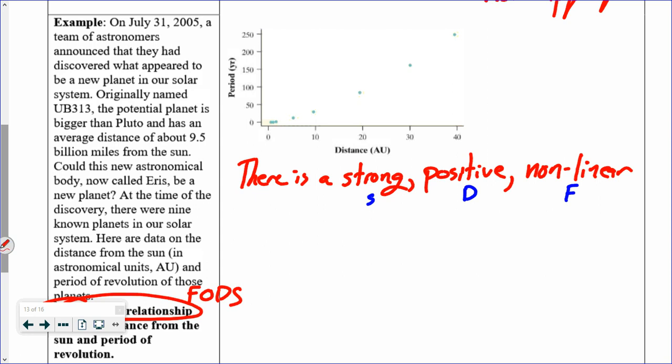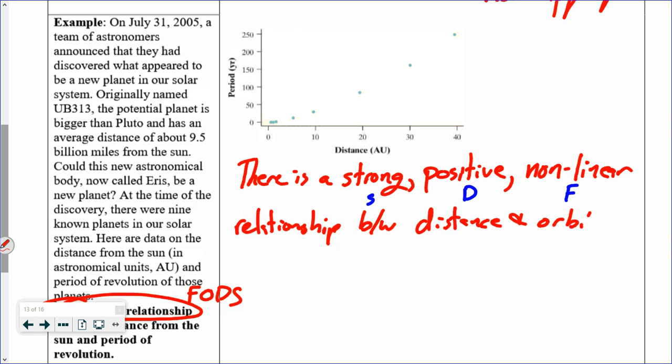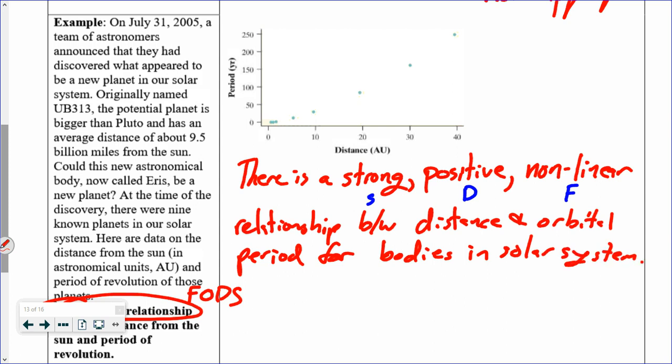There's a strong positive nonlinear relationship between distance and orbital period for the bodies in the solar system. And remember, I like a general context statement at the end. As distance increases, so does the orbital period.